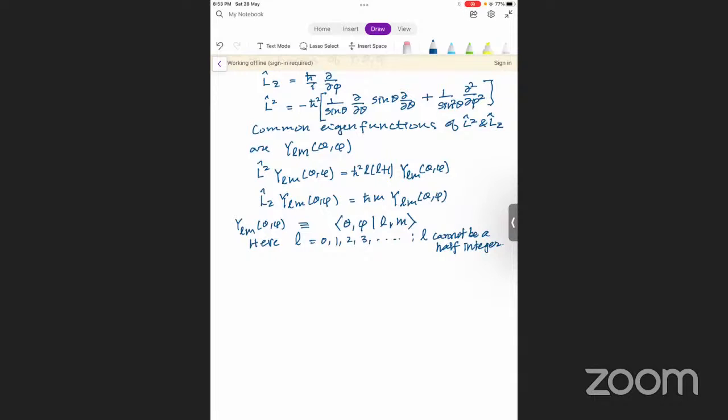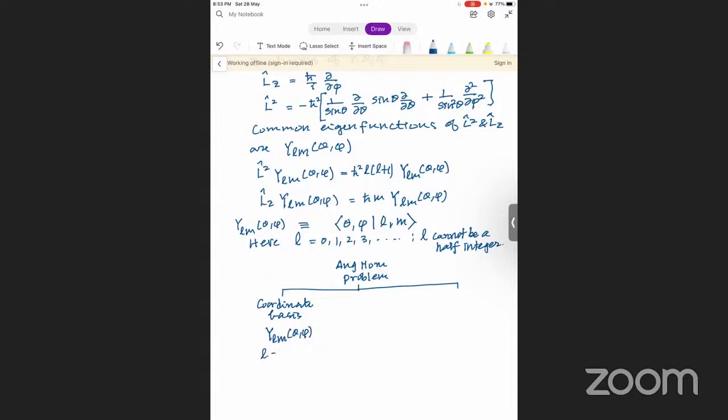Let's say we have the angular momentum problem. I can solve this problem in coordinate basis. Then I will get eigenstates of L square and Lz as Y_lm(theta, phi).